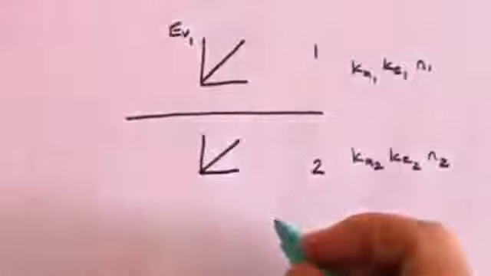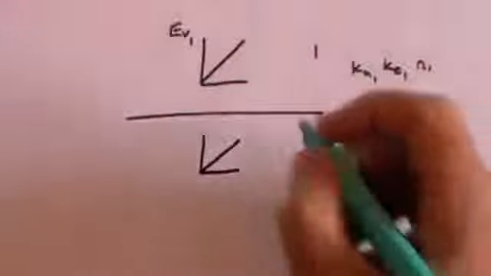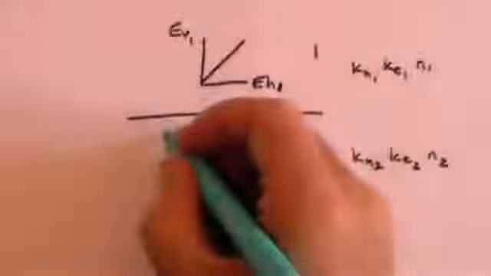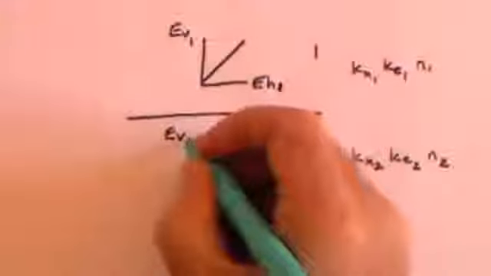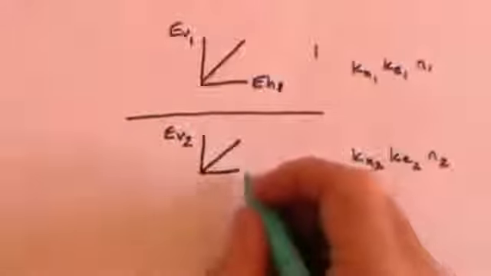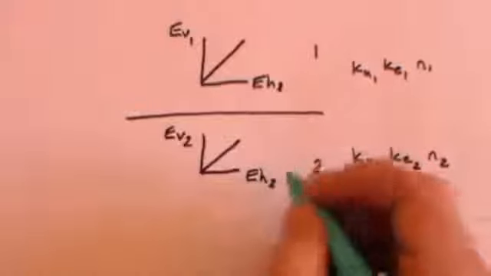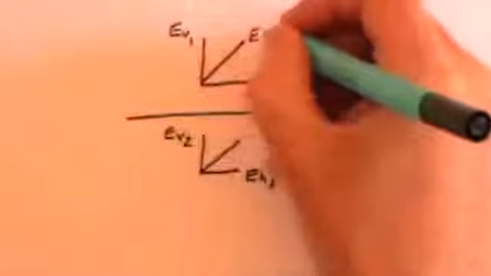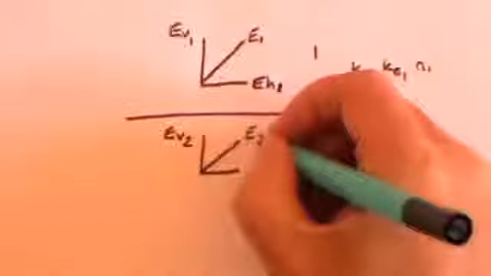So this is the electric field vertical in medium 1, and this is the electric field horizontal in medium 1, and this is the electric field vertical in medium 2, and this is the electric field horizontal in medium 2.